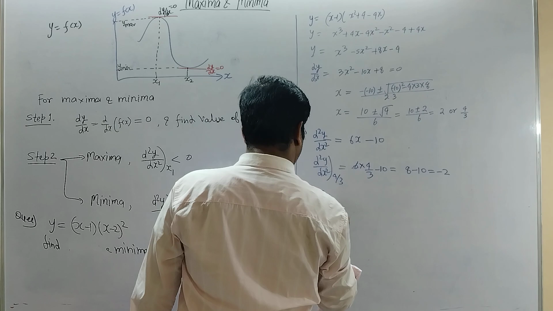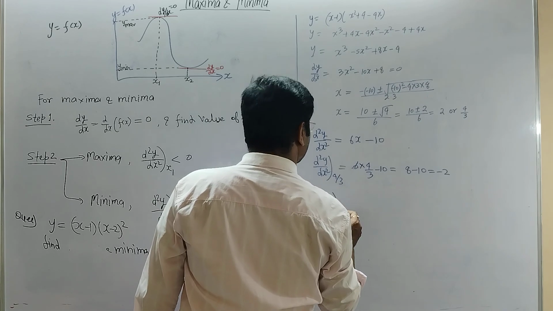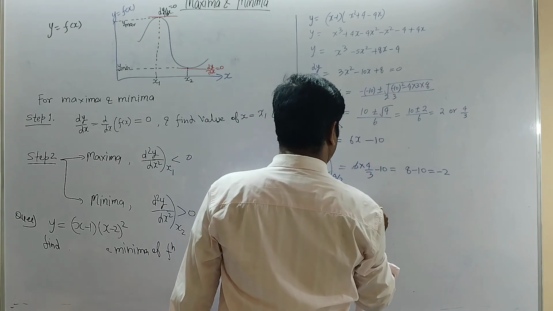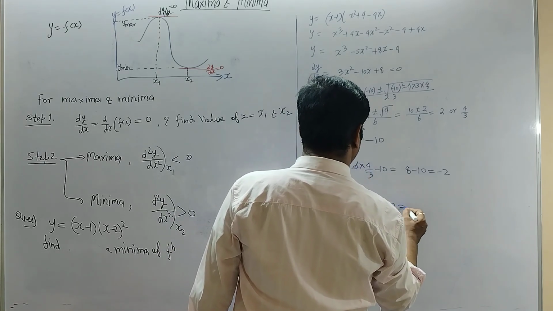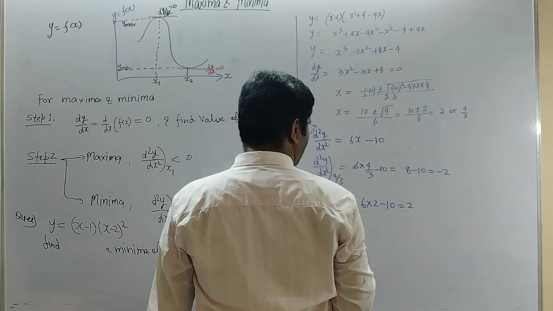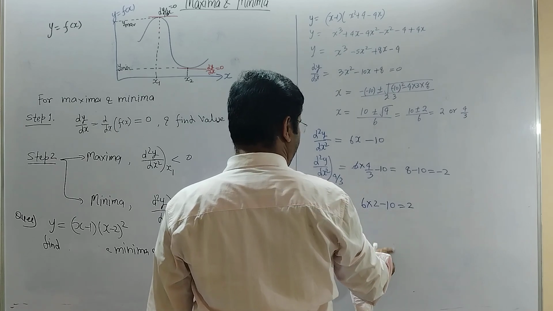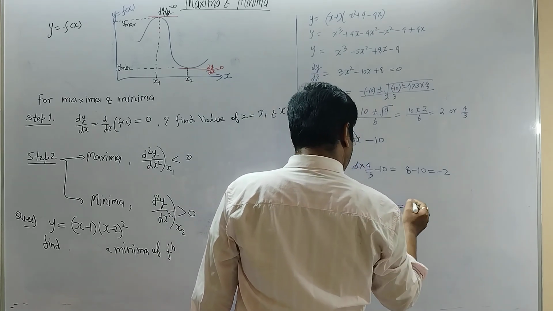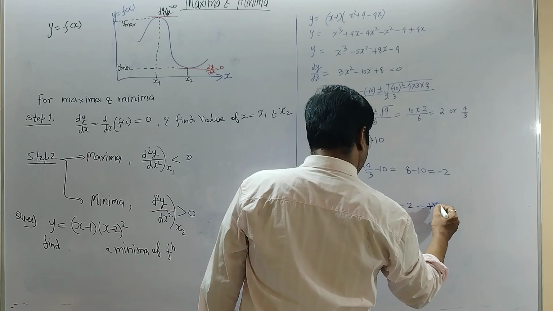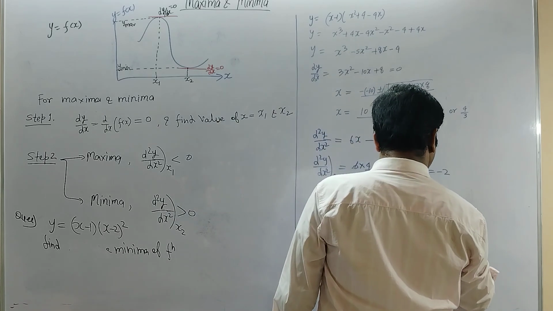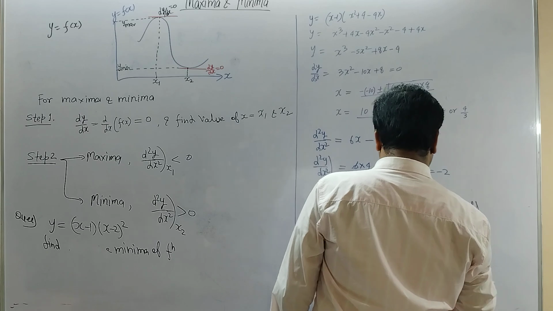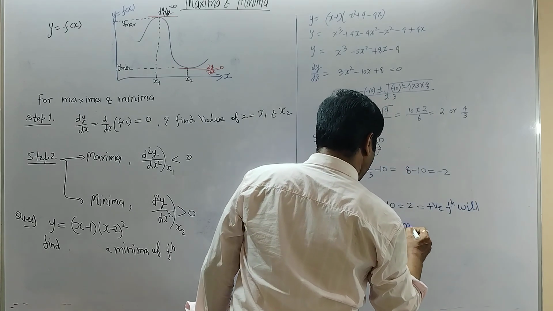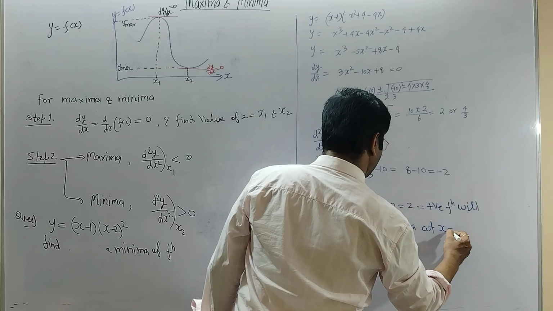Okay, so here d square y upon dx square at 2 will be 6 into 2 minus 10, so this is going to be positive. So this value is going to be minima of this function. Okay, so here this is positive, that means function will be minima at x equal to 2.